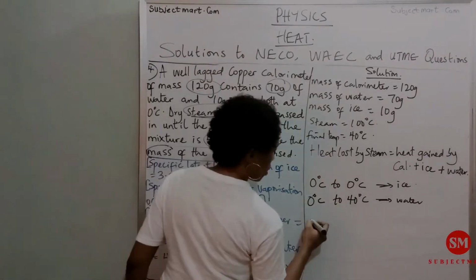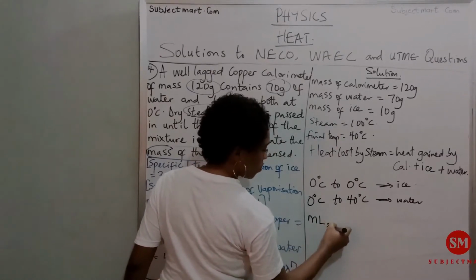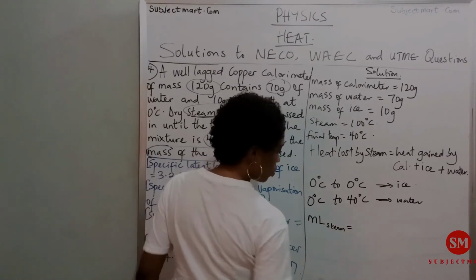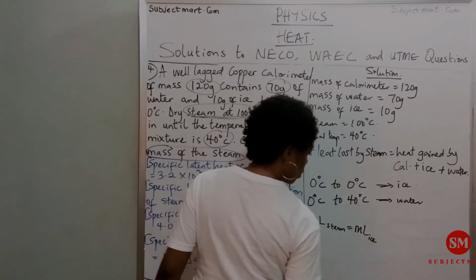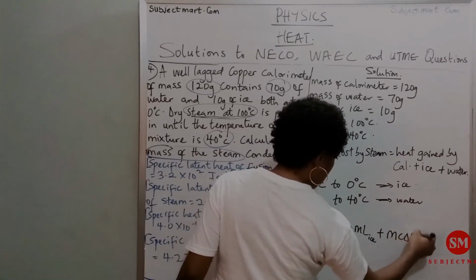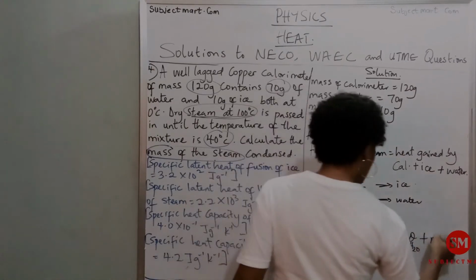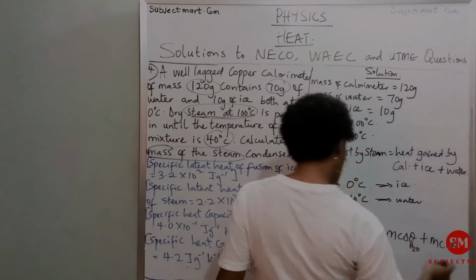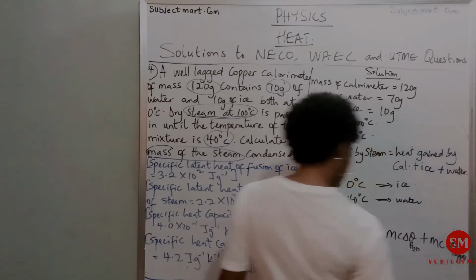It's just going to be mL, which is for steam, is equal to mL of ice plus mc change in theta of water plus mc change in theta of copper, which is the calorimeter.